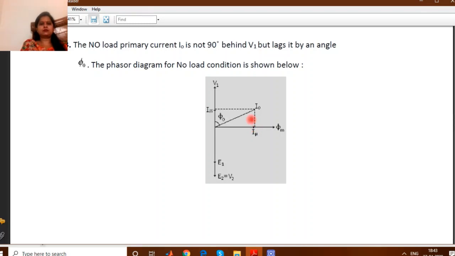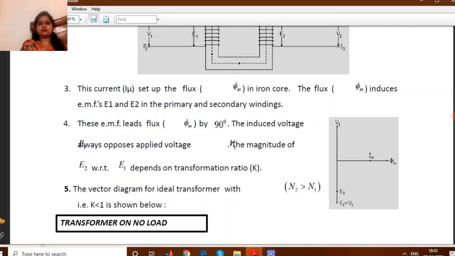So I naught is equal to the square root of Im square plus IE square. But in the ideal case, I naught is equal to Im only, because there is no IE, since winding resistance is 0. So in the case of the ideal transformer, this phasor diagram becomes this one, because the circuit becomes purely inductive.